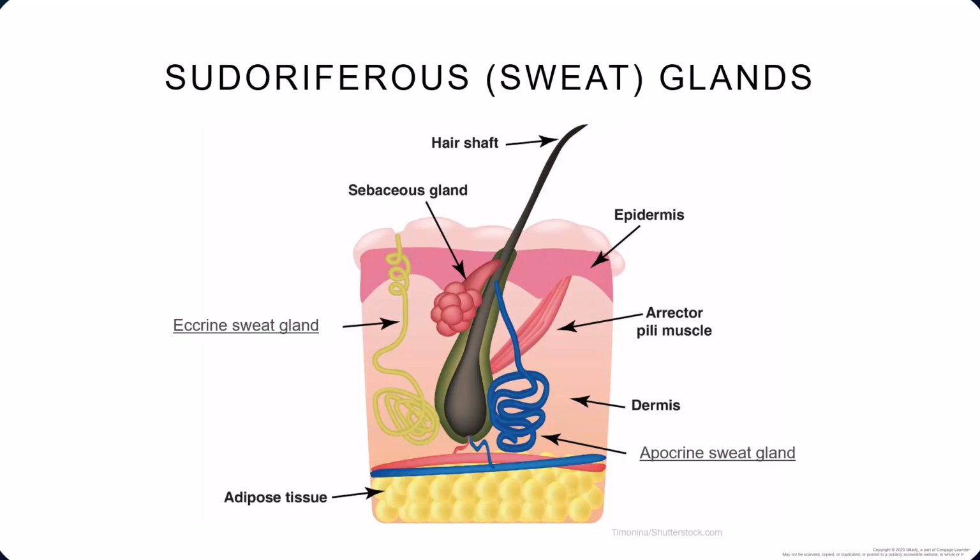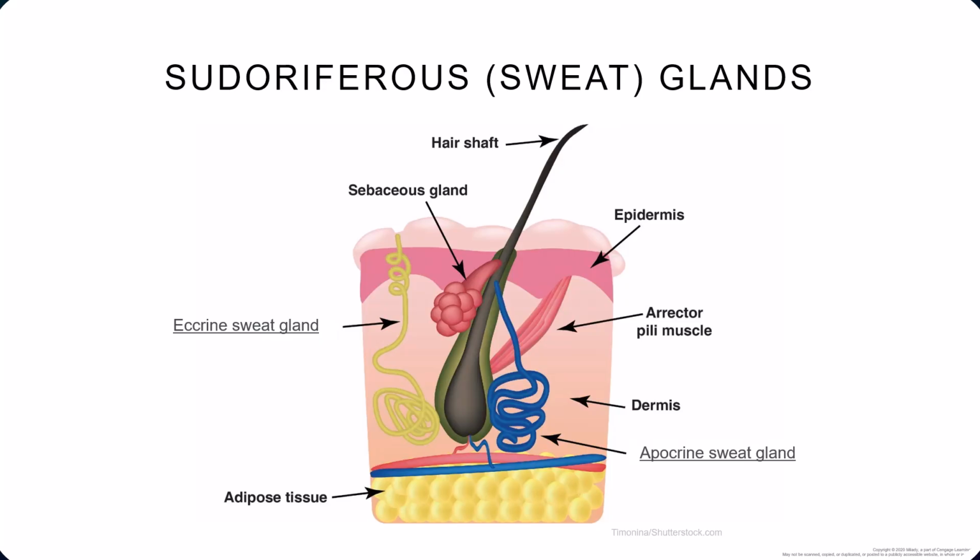The apocrine function is sensitive to adrenaline, and any odor that is associated with glands or sweat is more due to an interaction with the secretions and bacteria mostly on the skin. So sweat itself doesn't have an odor, but the bacteria that multiplies due to that humid, moist environment does have an odor. So that's kind of what you would be trying to target if you're a little stinky.